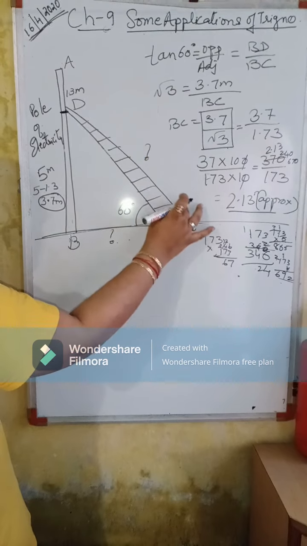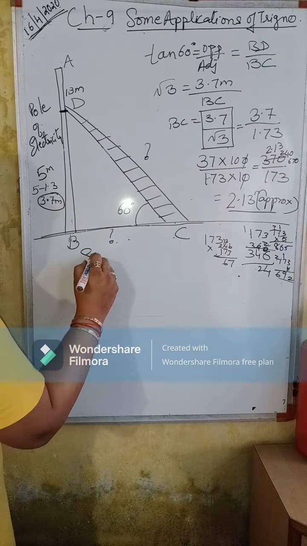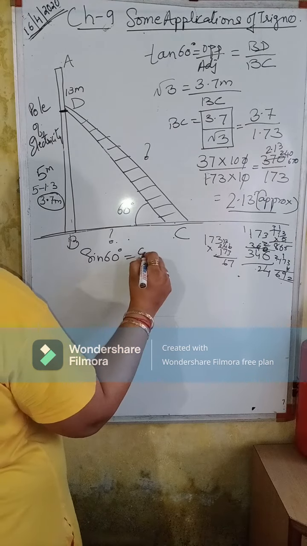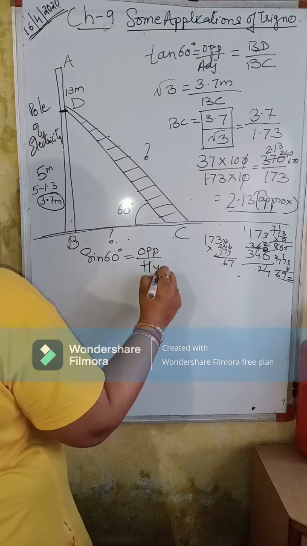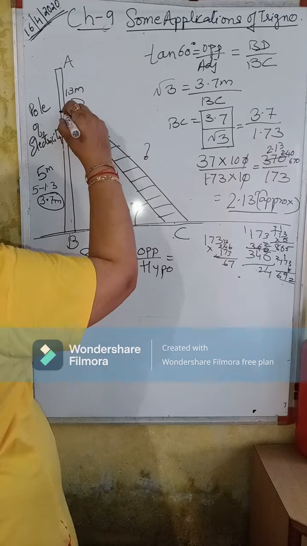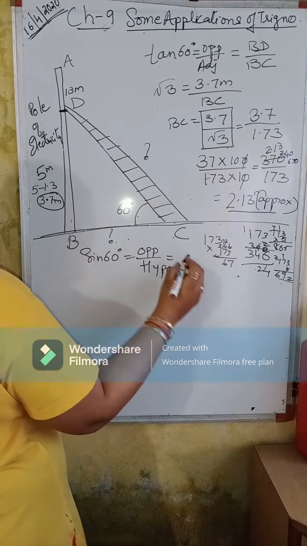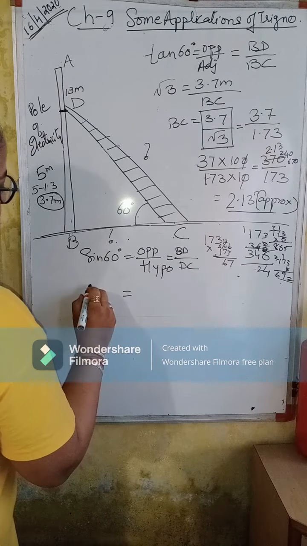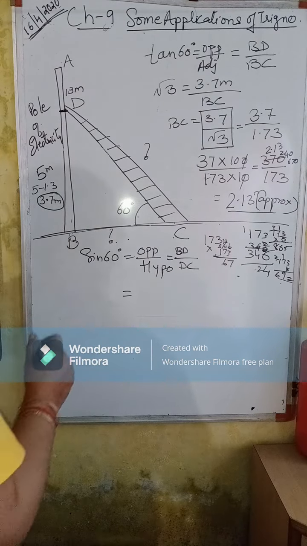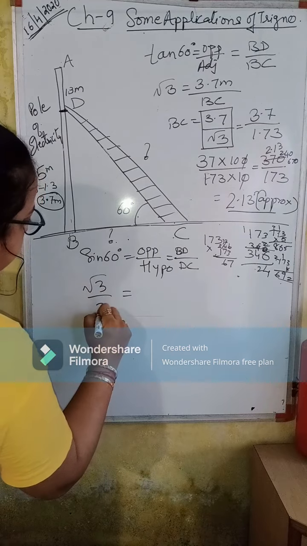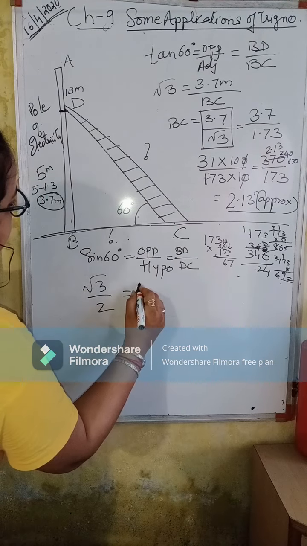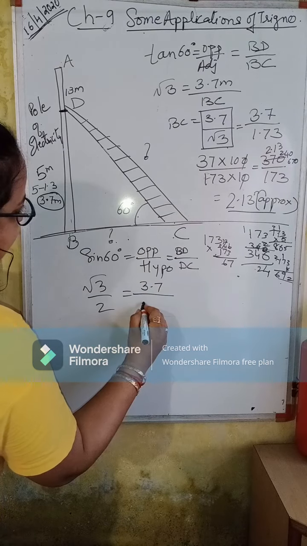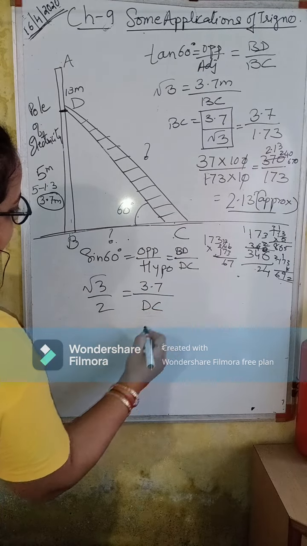Now your hypotenuse is to be counted. So I can take sine 60 is equal to 60 is opposite upon hypotenuse. That is opposite to 60 is BD upon hypotenuse is BC. So sine 60 degree is root 3 by 2 and opposite is 3.7 upon BC, that is you have to find.